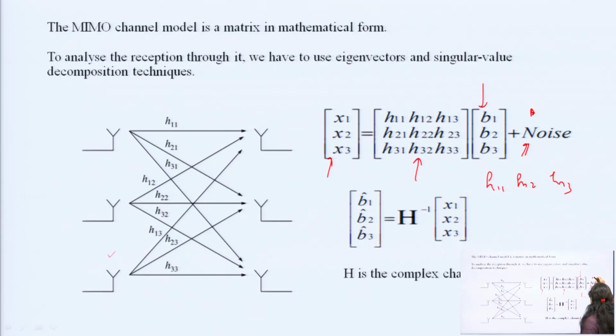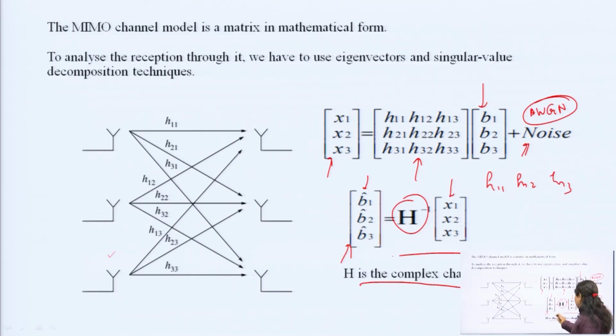Now, the noise will be the additive white Gaussian noise that we have seen over here. Now, this is the approximated value of the different weight functions. This is not a fixed value, which is equal to H inverse multiplied by x1(t), x2(t) and x3(t).